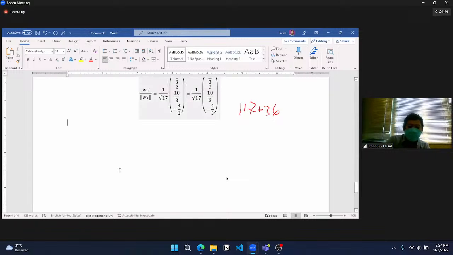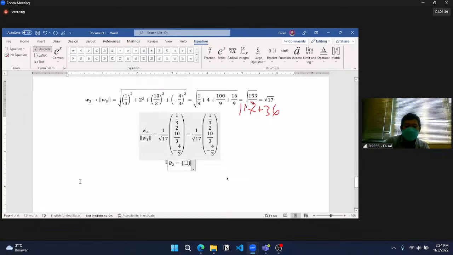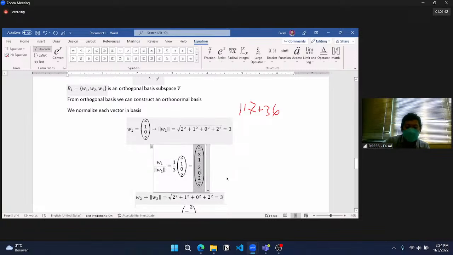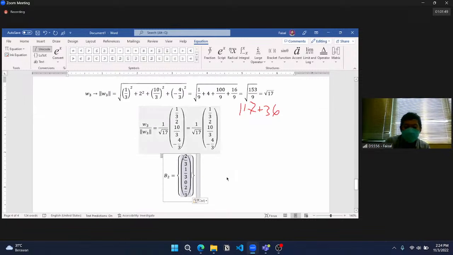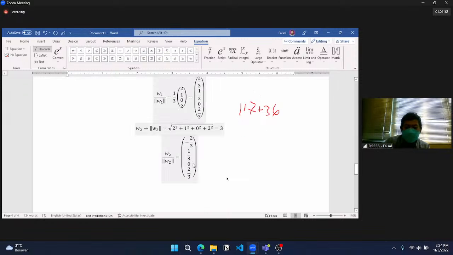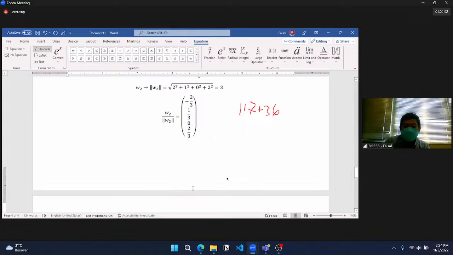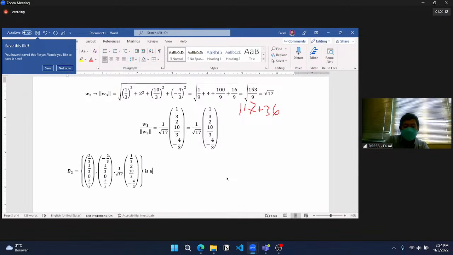So I just say the new basis is B2. This is the normalization of W1, this is the normalization of W2, and this is the normalization of W3. Now B2 is an orthonormal basis.